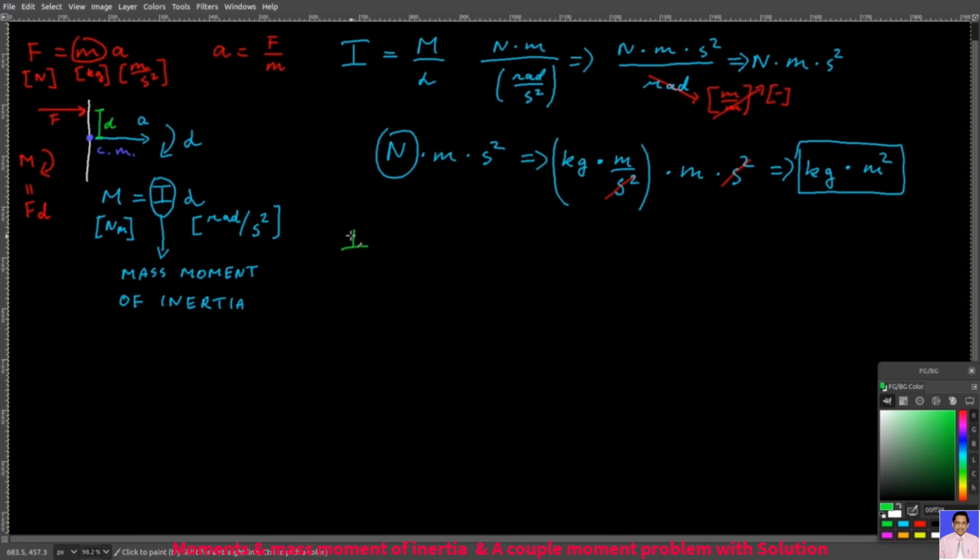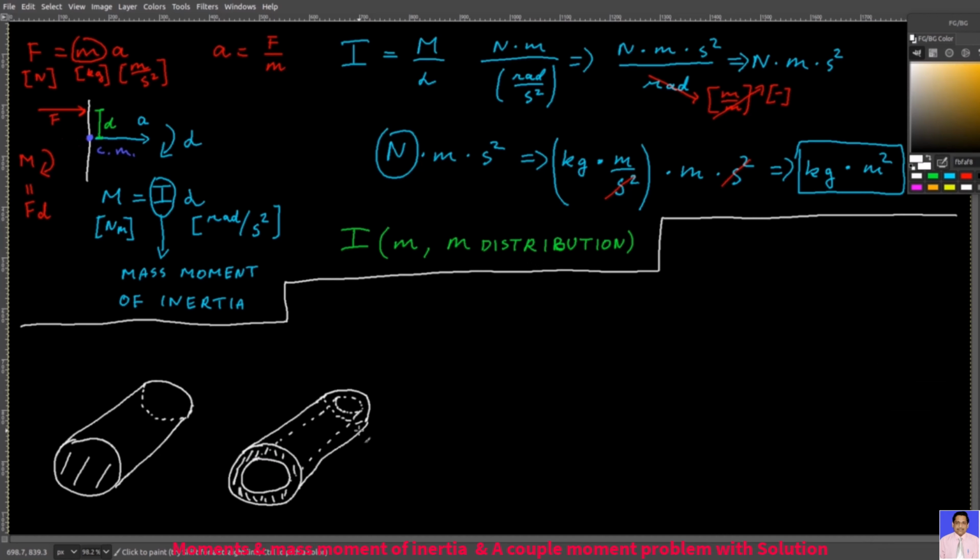Now the mass moment of inertia depends on the mass and mass distribution. So two things, mass and mass distribution. So it also counts how mass is distributed in the object. For example, consider two cylinders, cylinder A and cylinder B. Both of the cylinders have the same mass, so mA equals mB.